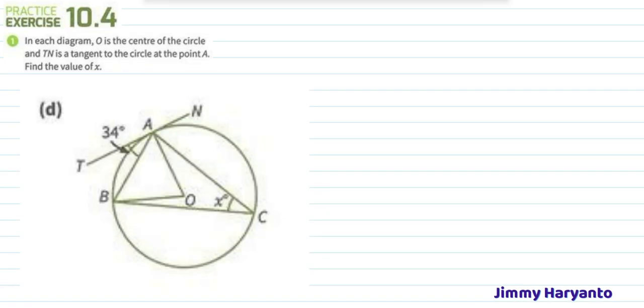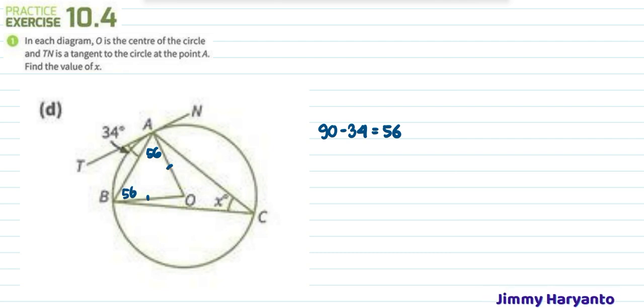Next is 1d. We start from the tangent and the radius. This one is 90 degrees. And that means I can find this one. 90 minus 34 equals 56. So this one is 56 degrees. And this one also 56 degrees since it's radius.